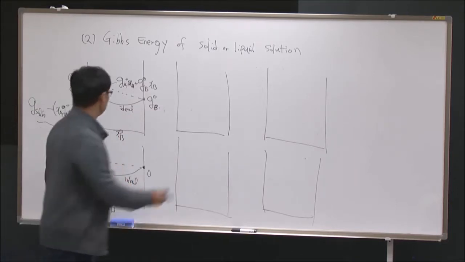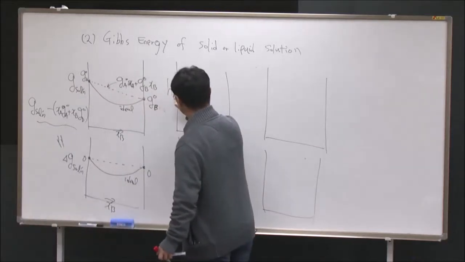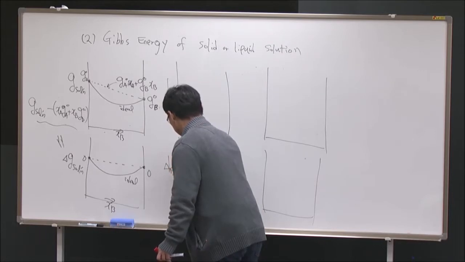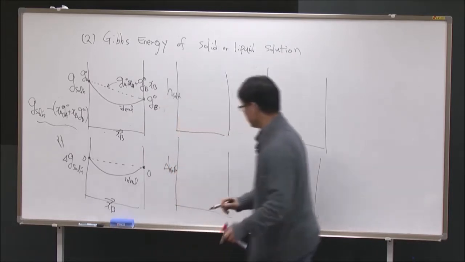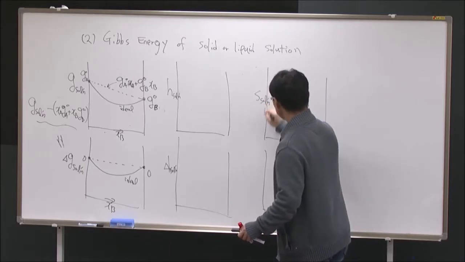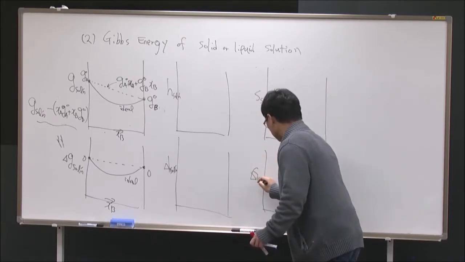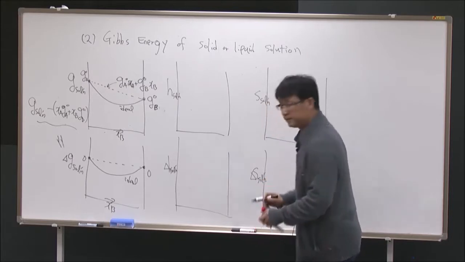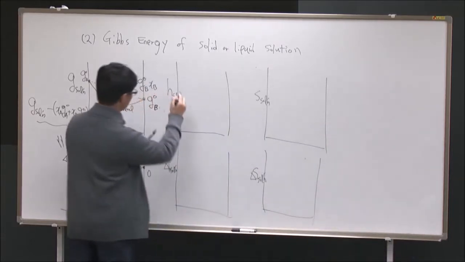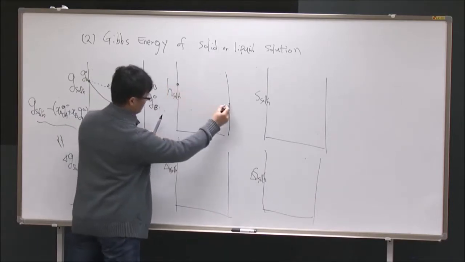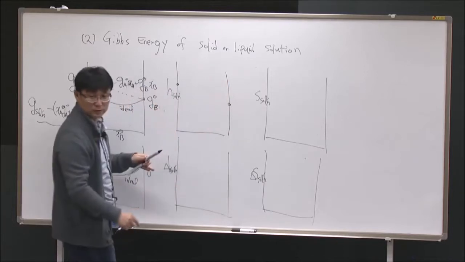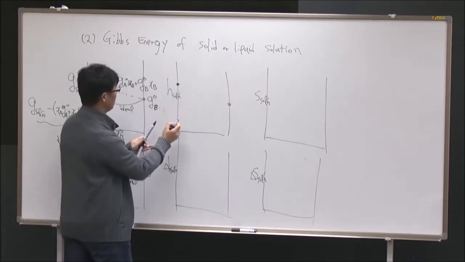So when it's ideal, how about my H of solution and delta H of solution? And how about my S of solution and delta S of solution? For H of solution, this sign could be different, and this location could be inverse. It really depends on the system.